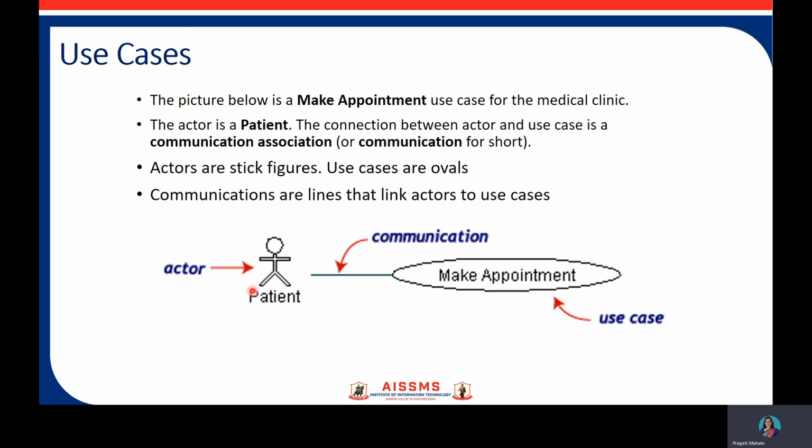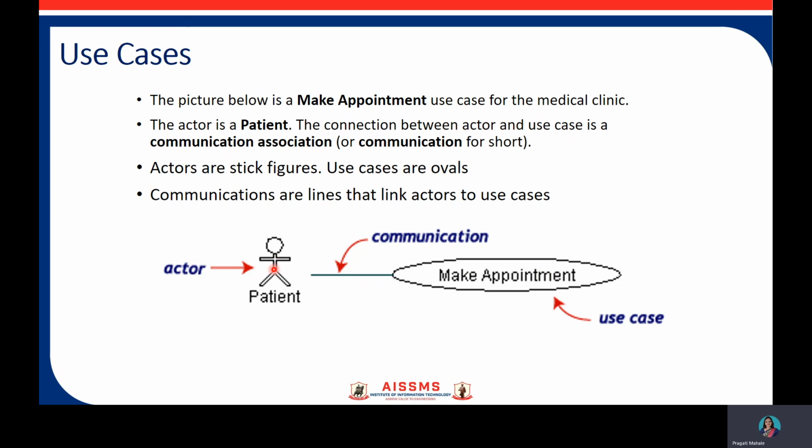So we have the actor, which is a patient. Then this make appointment is our use case, and the connection between the actor and the use case is a relationship, which is nothing but an association kind of relationship. So the patient is interacting with the system to make the appointment.